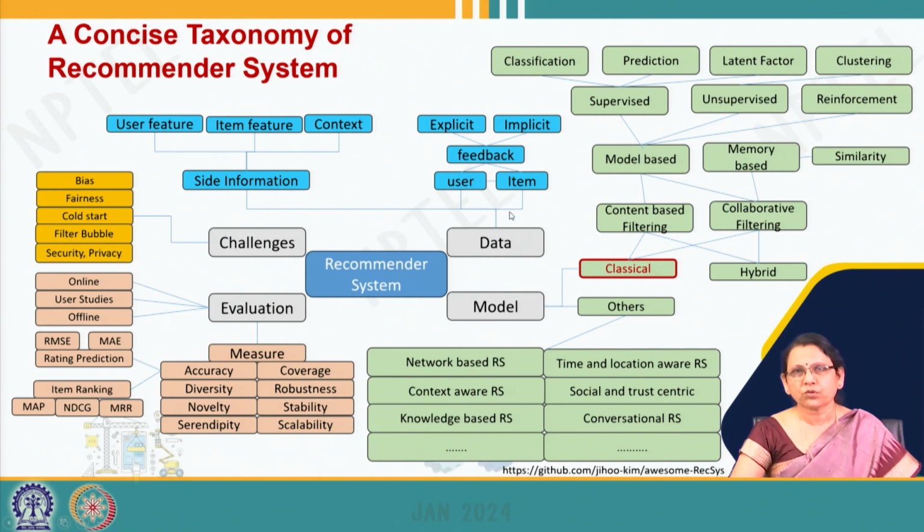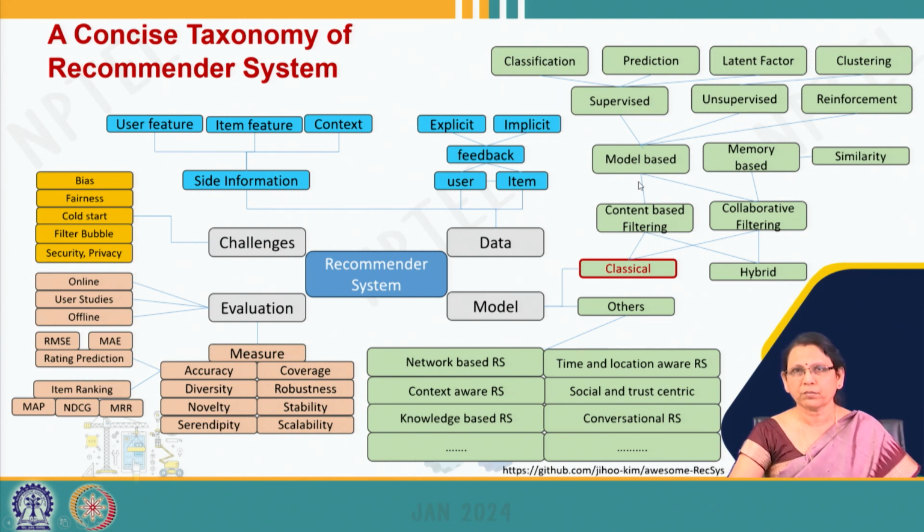And when it comes to models, there are certain classic models. Two important classic models are content based recommender systems and collaborative filtering based systems. As we move ahead with the taxonomy, these collaborative models can be memory based or model based.